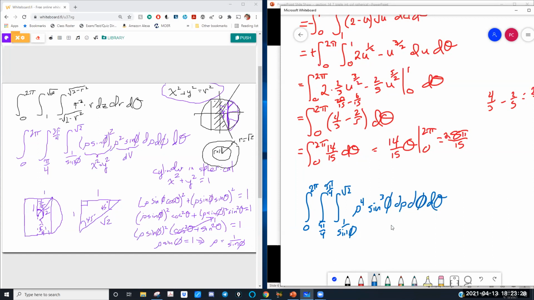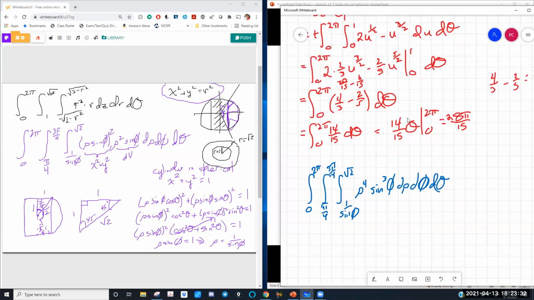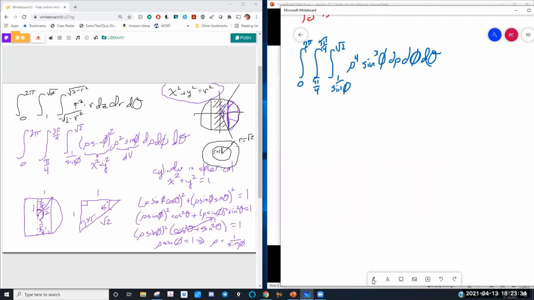Oh, look at that. Made a pretty little phi for us. All right. Let's just see what happens. I'm not going to go too far with this one, but it might not be too bad. Let's take a look. Very first thing we're going to do is integrate with respect to rho. So rho to the 5th, this is going to be what determines how nice or ugly this one's going to be. 1 over sine phi.